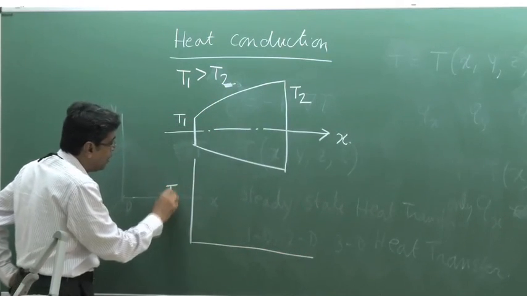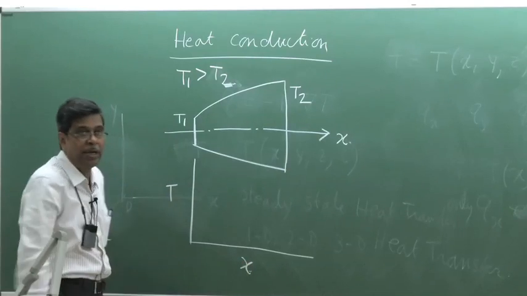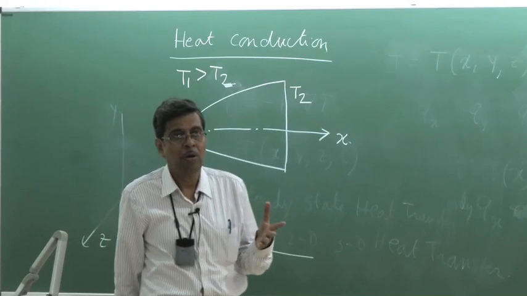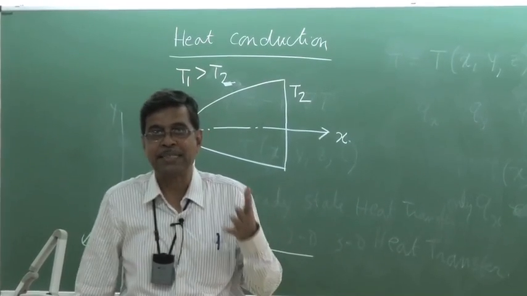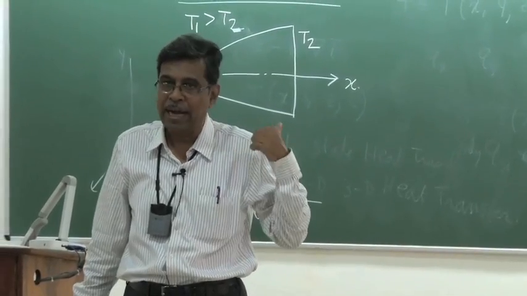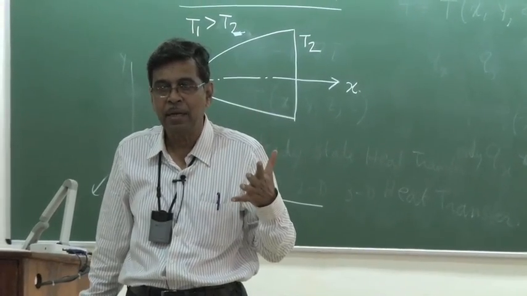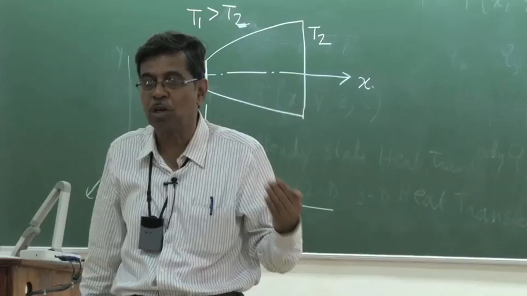Will it be linear? Will the temperature variation at steady state, one dimensional, be linear? No, because area is not constant.